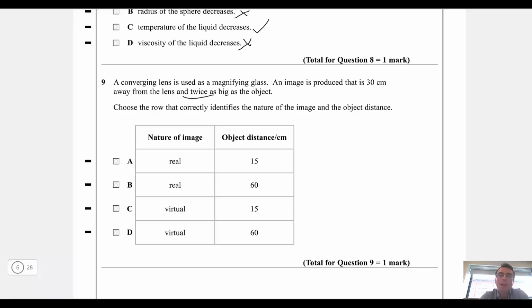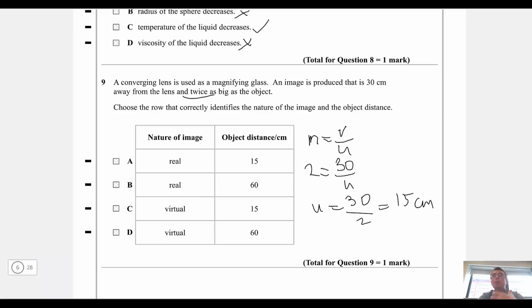So we can use the magnification equation that says that magnification is just equal to, I always forget this one, it's v over u, isn't it? Yep, v over u. So if the magnification is 2 and we are given the image distance, which is 30 centimeters, we can work out our object distance just by dividing those numbers. So it's going to be 30 divided by 2, which is 15 centimeters.